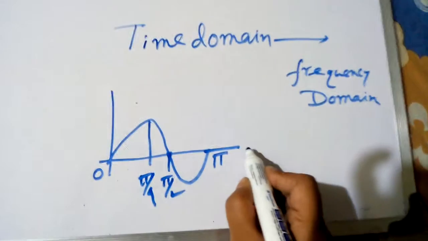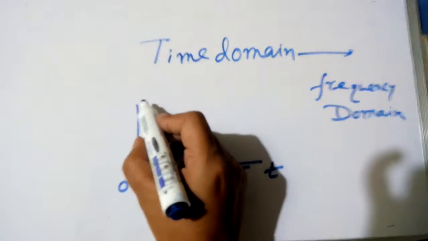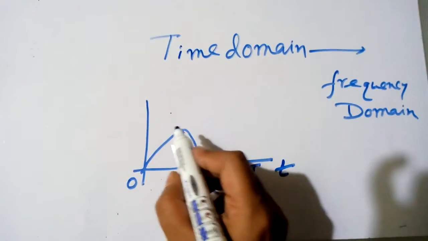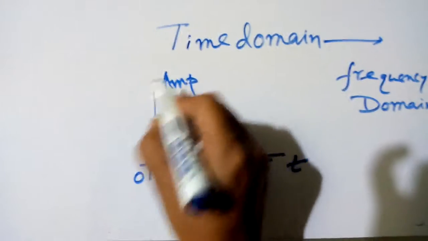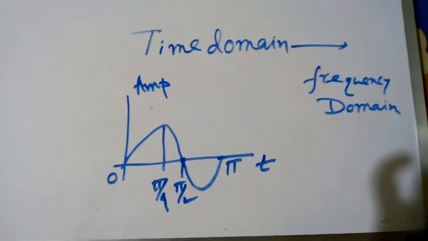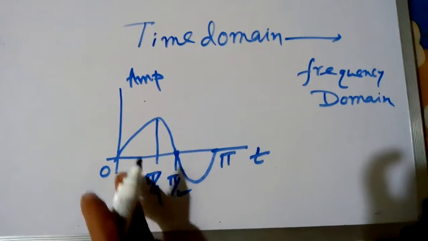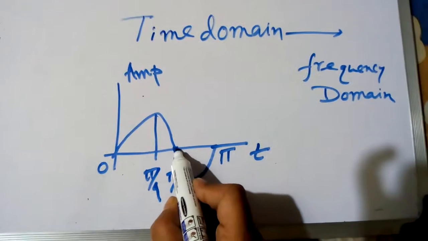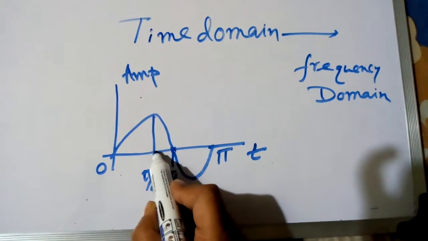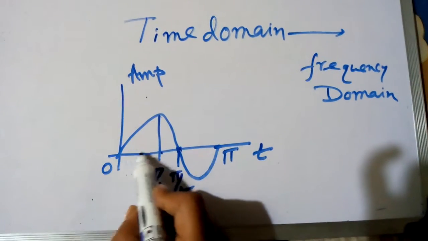The x-axis is the time axis and the y-axis is amplitude. In this sine graph, for every point of t, like the pi by 2 point or pi by 4 point, there is a signal.